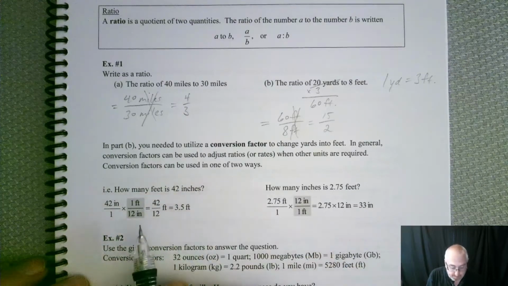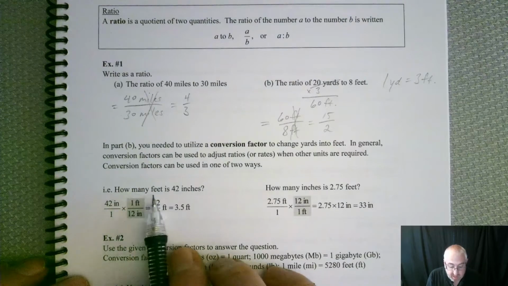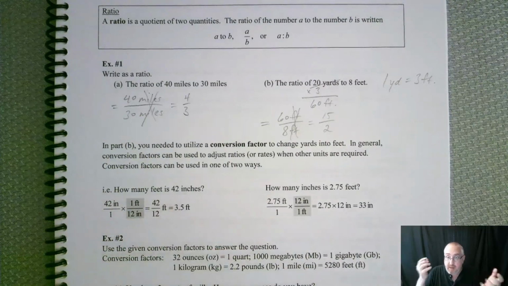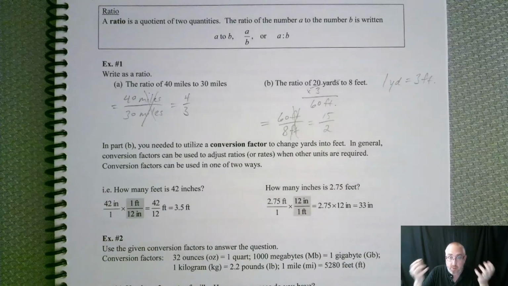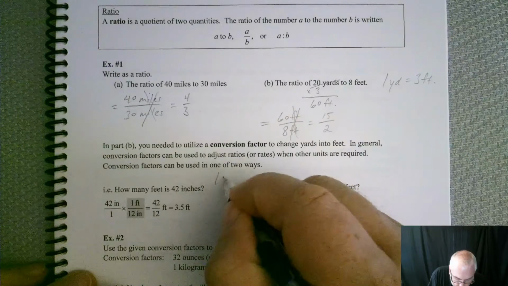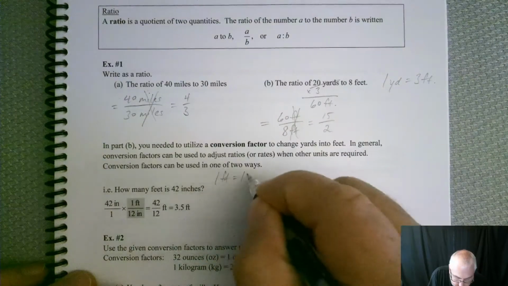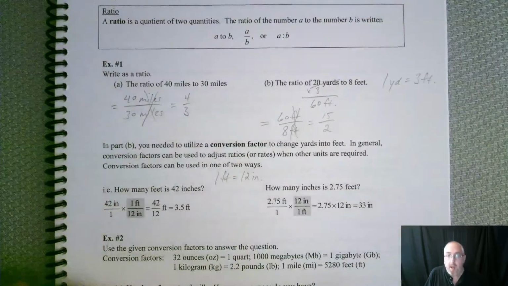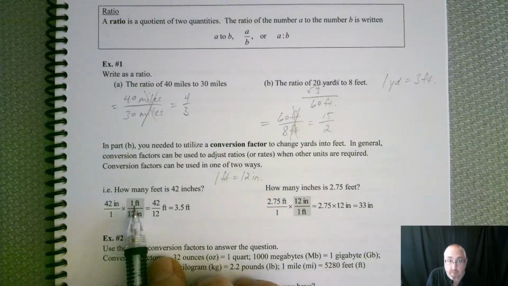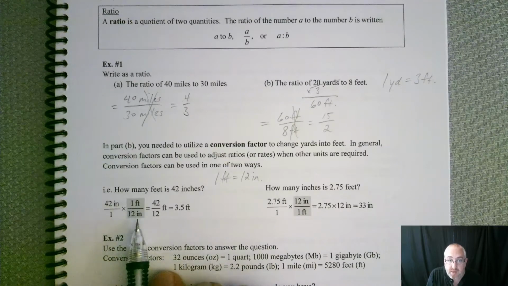Now, if we wanted to change feet into inches, we've got to relate those two things in our mind. So we hopefully know that 1 foot equals 12 inches. But now mathematically, we can use that two different ways. One way would be to put the 1 foot on top and the 12 inches on the bottom.